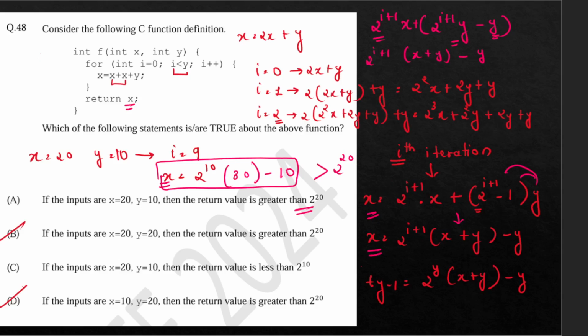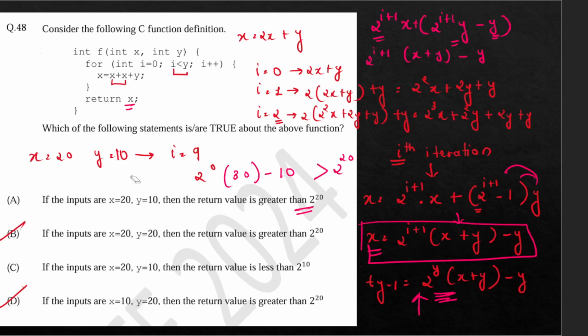So from this particular equation only, you can solve the question. If you haven't understood this, and the students who have understood this can solve by this. Okay, so I hope now there is absolutely no problem in solving this question.